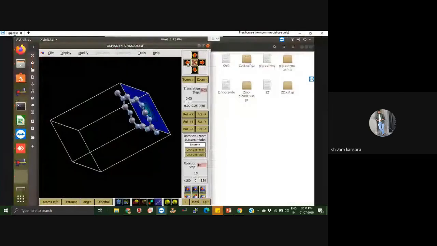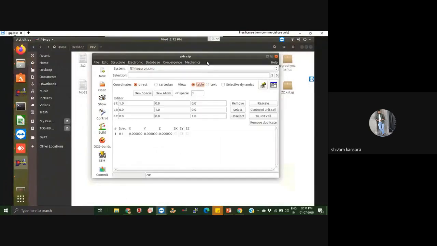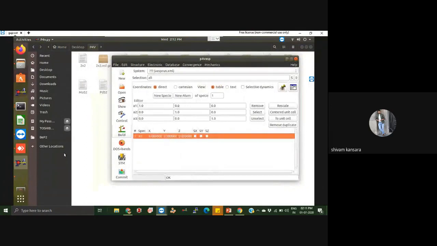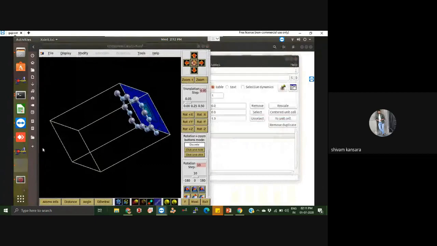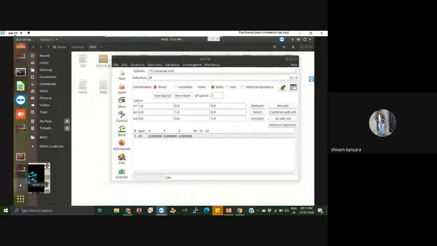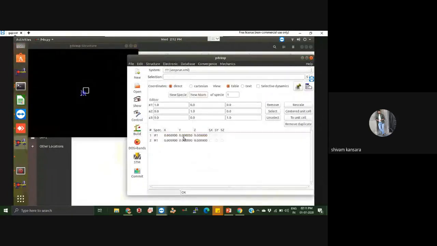If we wish to make this crystal system, we can make the first atom at 0 0 0. Again, take another atom, a new atom, with the same specification. If we press new atom, this is the second atom.